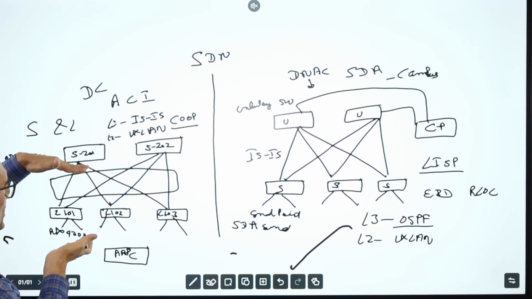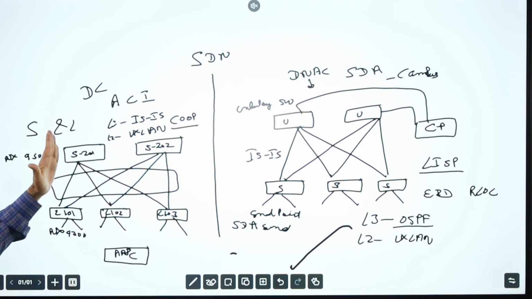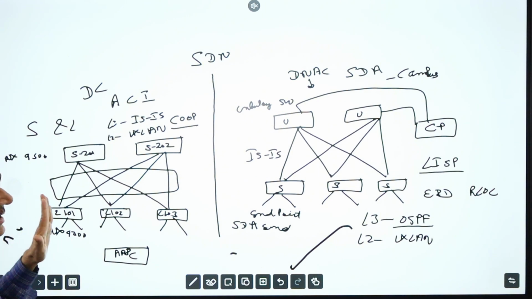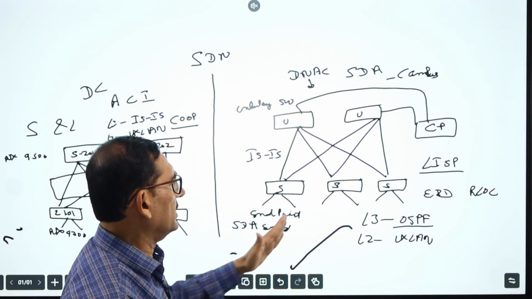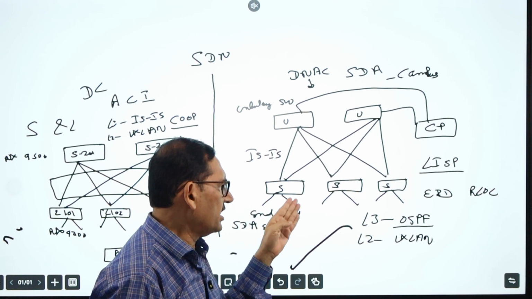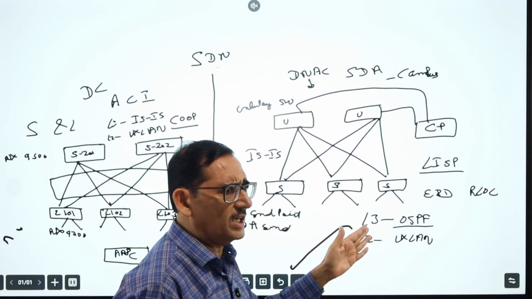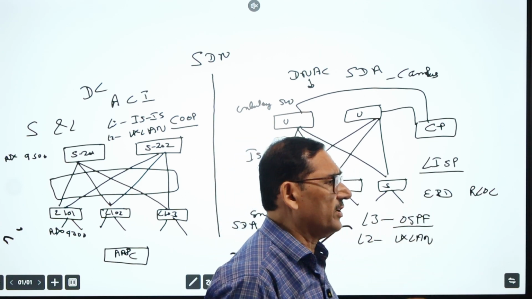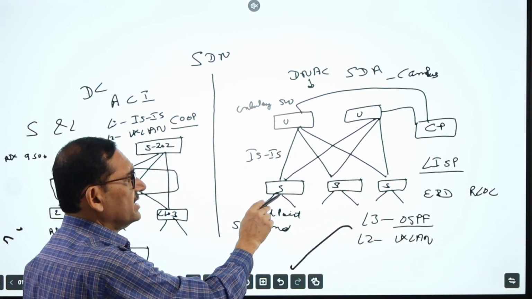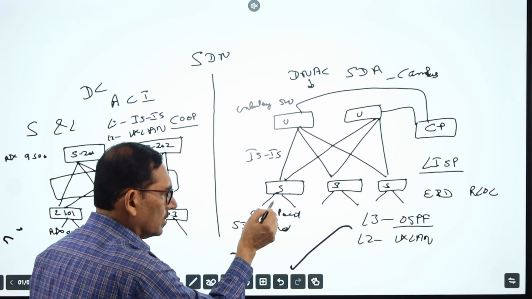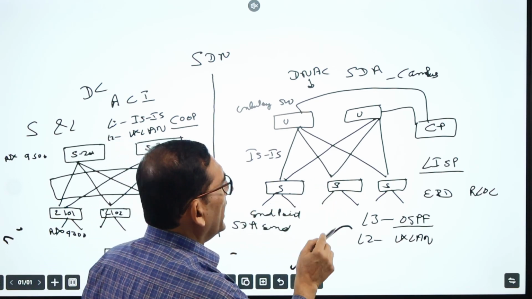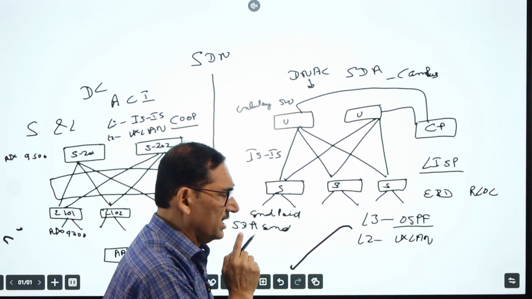Like here, we have the fixed partner, Spine 9500 Nexus. Here we have the Leaf 9300 Nexus. Here we have the option of any Catalyst. We can use 8000 series, we have the 9000 series, we have 45, 65. But remember, the devices which we are going to connect with the endpoint must be SDA enabled.